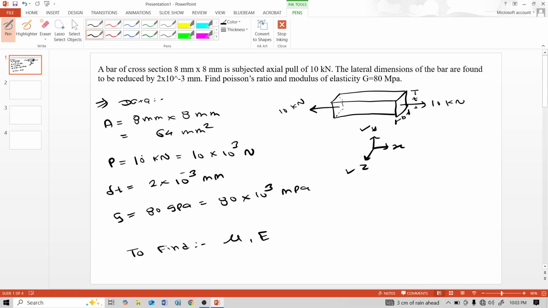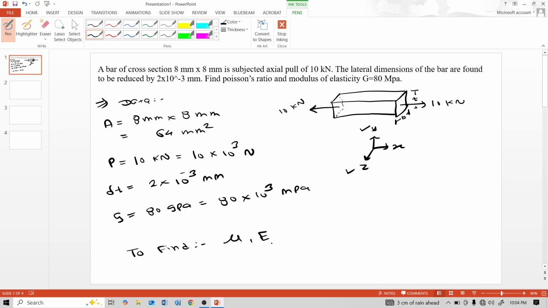Load acting on this cross sectional bar, P, is equal to 10 kilonewton. Change in lateral dimensions is 2 into 10 raised to minus 3 mm. Shear modulus is 80 GPa, that means 80 into 10 raised to 3 MPa, and we have to find mu and E. See, by using this area, this load P, this change in lateral dimension and shear modulus, we have to find mu and E.